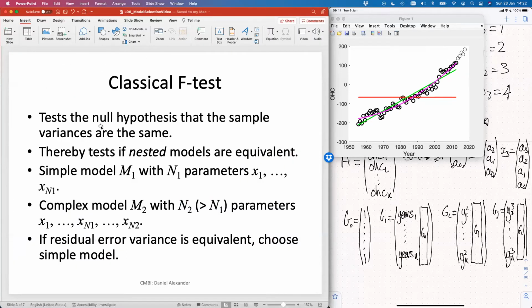So the first technique that we're going to look at is the classical F-test. The F-test in general tests the null hypothesis that the variances of 2 samples are the same, i.e. those 2 samples are drawn from distributions with the same variance.